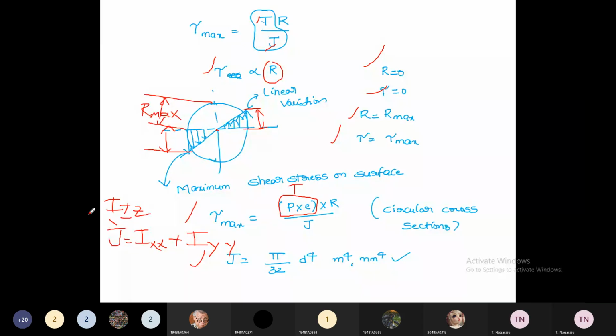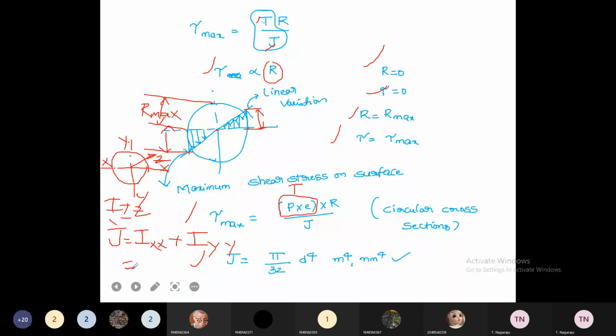If you take a circular member, we have three axes. Axis 1 is xx, the other is the y-axis, and the z-axis is perpendicular to this line, perpendicular to the surface. Then the moment of inertia about z is equal to the moment of inertia about the x-axis plus the moment of inertia about the y-axis. This came from that. You know that it is symmetric about the x-axis and y-axis.